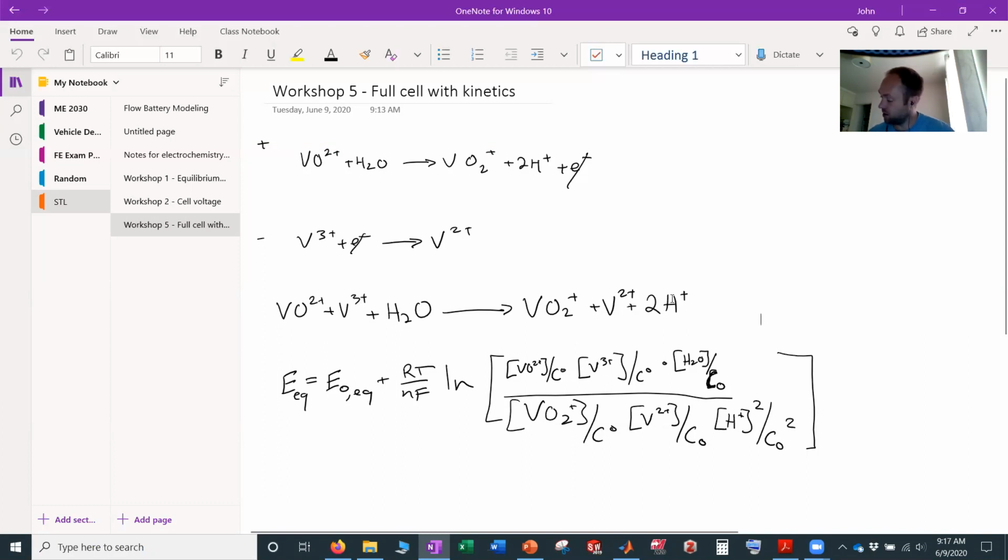And so if we just assume this term is 1, that term goes away. This c naught cancels with this c naught, this cancels with this c naught, and this cancels with this c naught, but you're left with a c naught squared that you need, right? Because you need this to be unitless, and the only way this will all be unitless is if you leave this one in there.